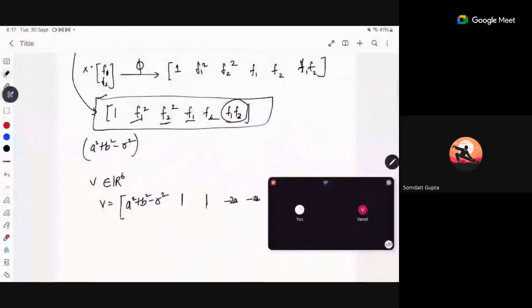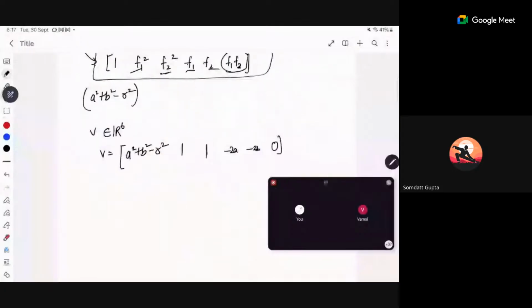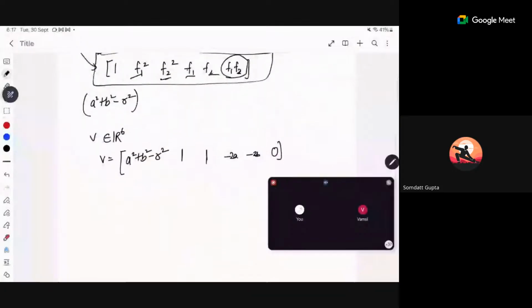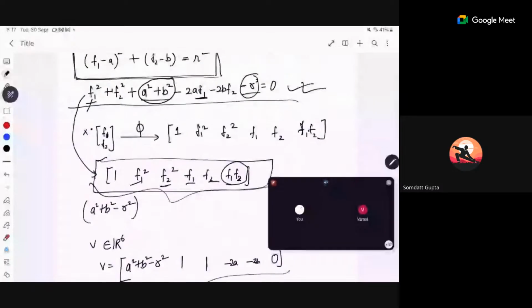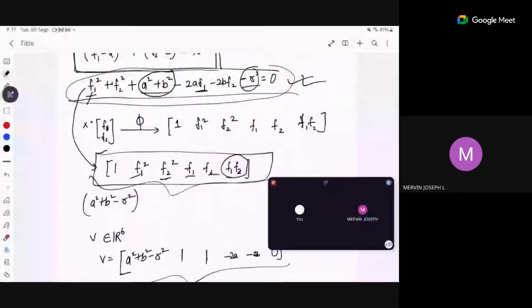If we multiply these two, if we take this vector in R6 and these coefficients, I can get this equation. Is this okay? How is f1 f2 zero?